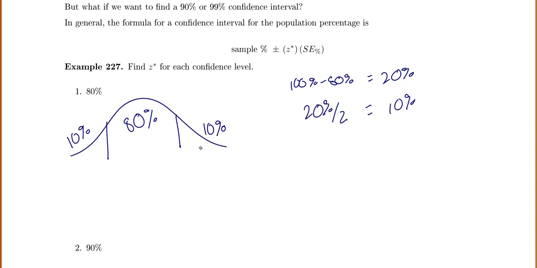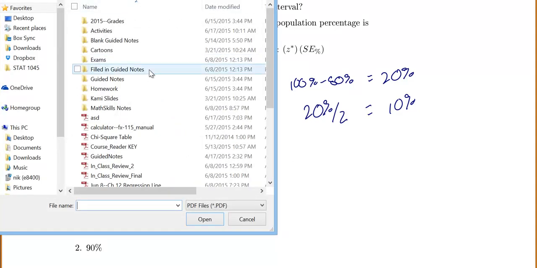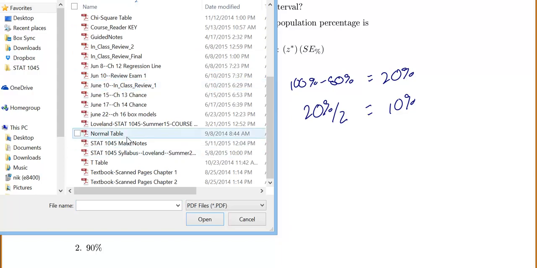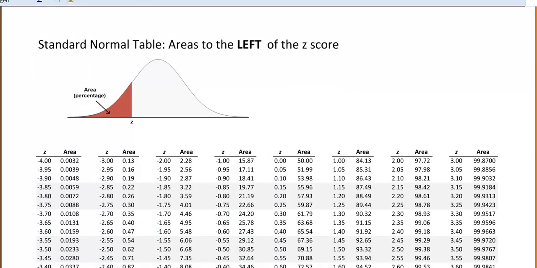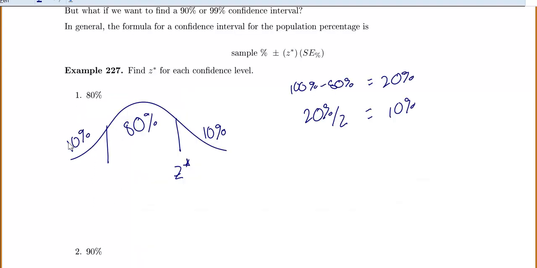And then we're looking for z star, which is this value right here that breaks up our curve into these areas. There's a couple different ways you can look this up. I could look up 10%. The reason I look up 10% is that the area on your table is always the area to the left. So let's pull up our normal table. We're looking for the z value that has 10% to the left.